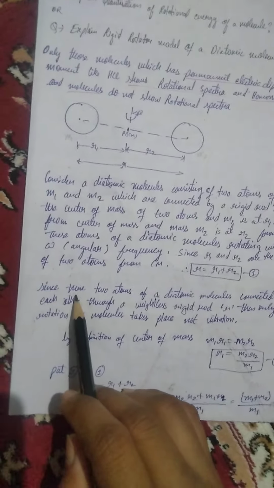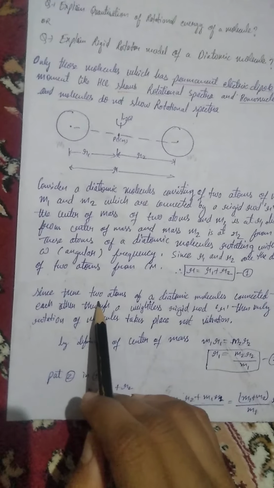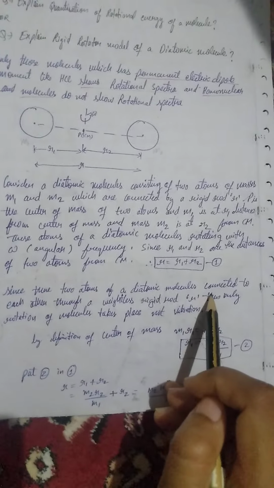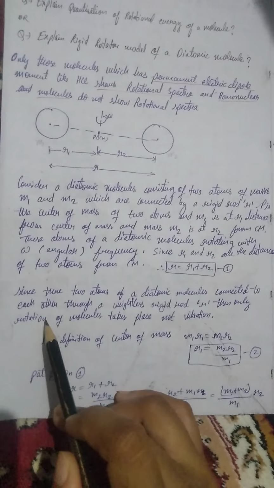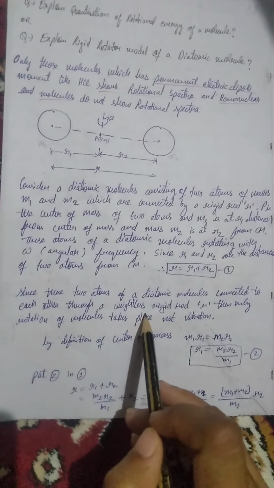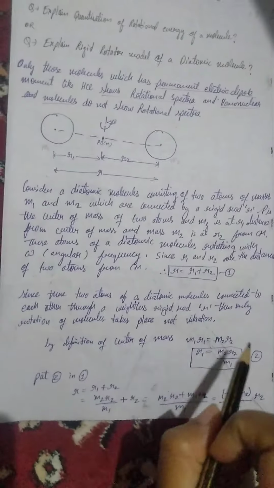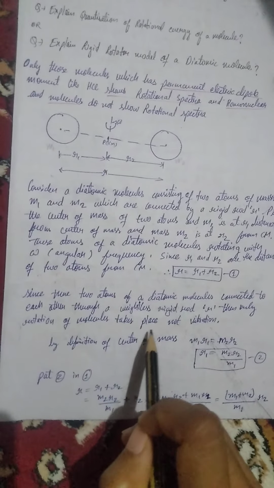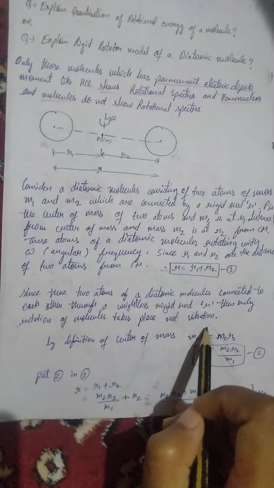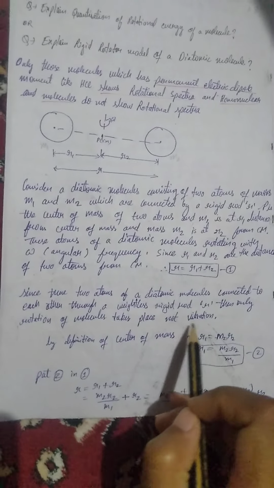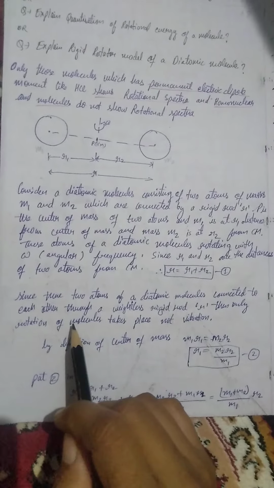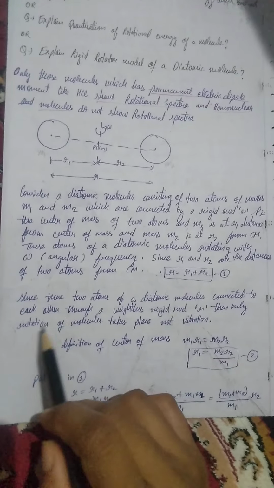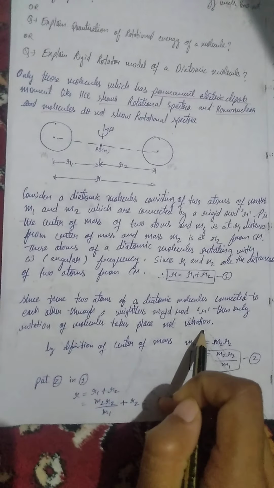Since these two atoms of the diatomic molecule are connected to each other through a weightless rigid rod r, only the rotation of the molecule takes place, not vibration. We are taking only rotation of the molecule, not the vibration.